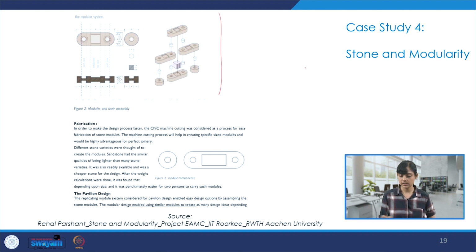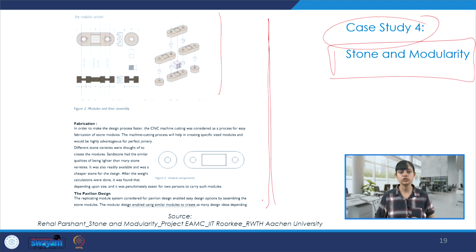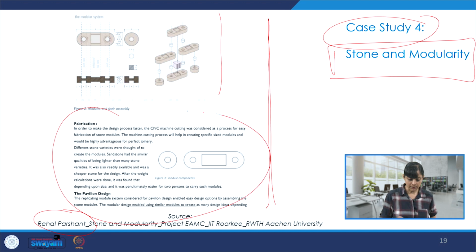This was another interesting case study where stone was extensively explored and utilized, keeping in mind the idea of modularity. This is from the Indo-German project done by IIT Roorkee and RWTH Aachen University in Germany. And this one particular essay was developed by Prashant, who is a PhD scholar with us, and we also developed the human scale prototype out of it, which was properly fabricated.